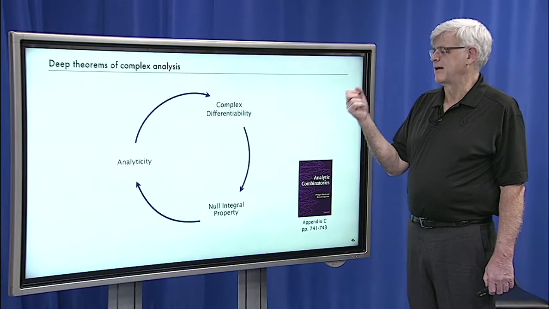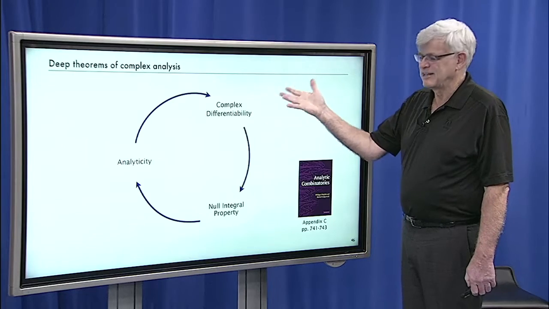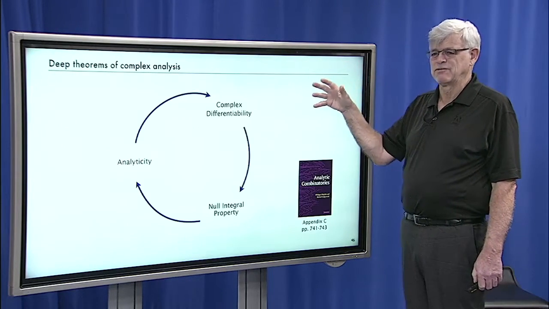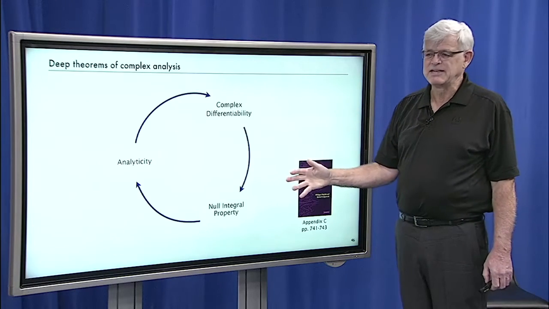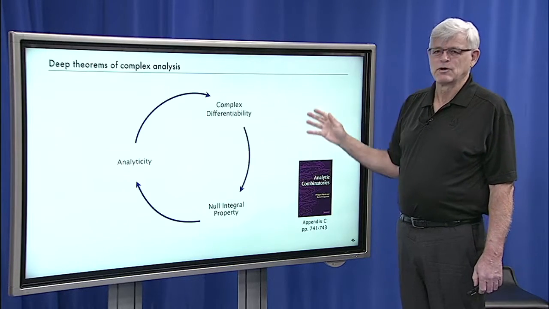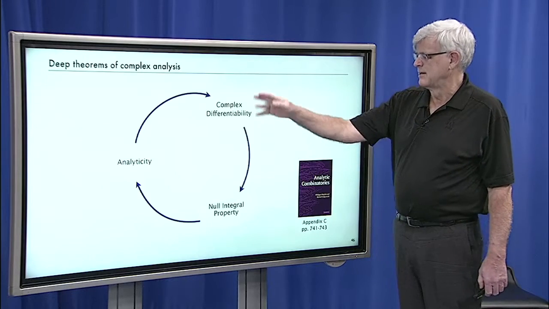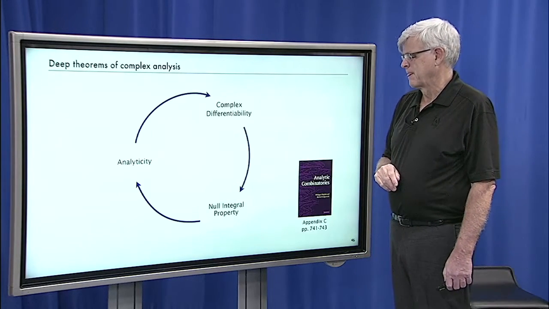The idea that a function can be expanded in a power series, the idea that it's differentiable, because that limit that defines differentiation exists no matter what direction you go, and the idea that the integral around a closed loop should be zero, those are equivalent ideas, and the book actually proves it with a circle of implication.